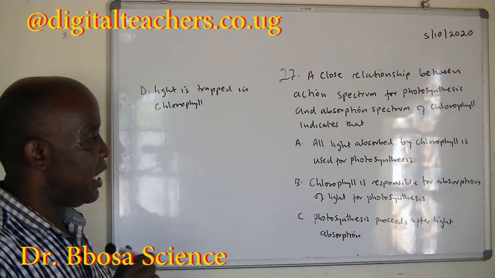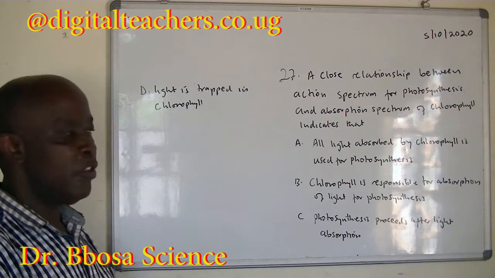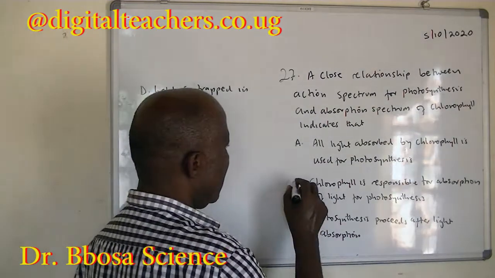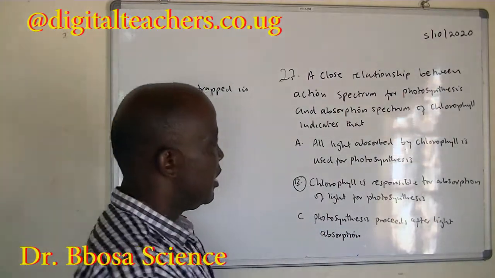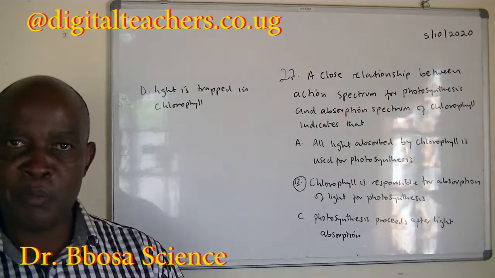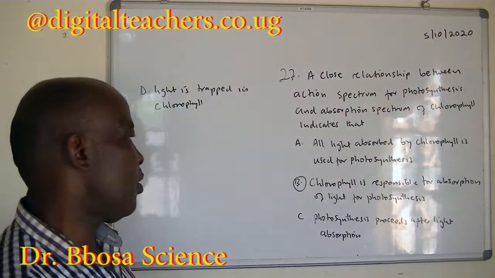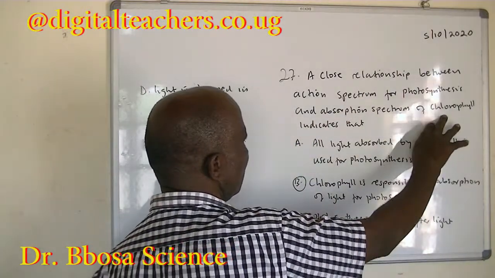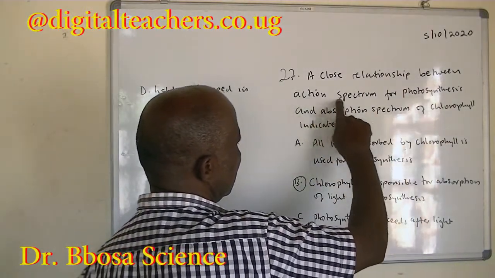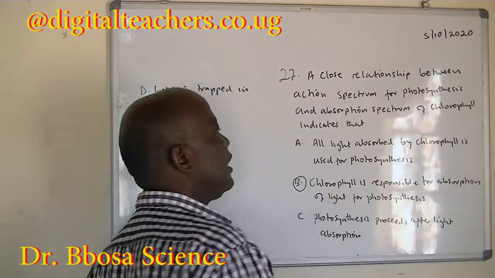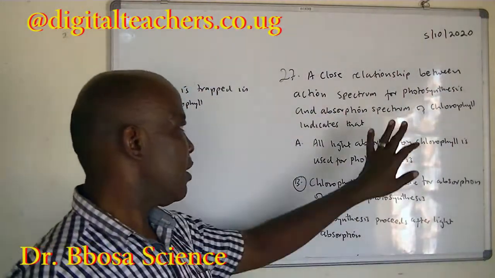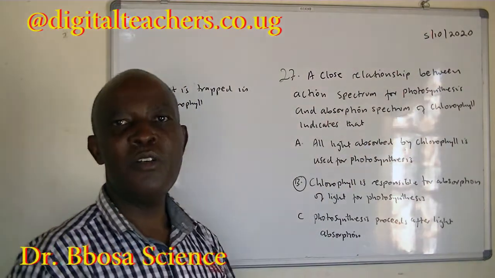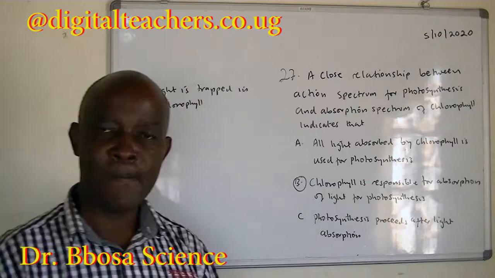Can pause, get the answer, and then we continue. So the answer is B. Chlorophyll is responsible for absorption of light for photosynthesis. So the absorption spectrum of chlorophyll and action spectrum of photosynthesis show that chlorophyll absorbs light, which is necessary for photosynthesis.